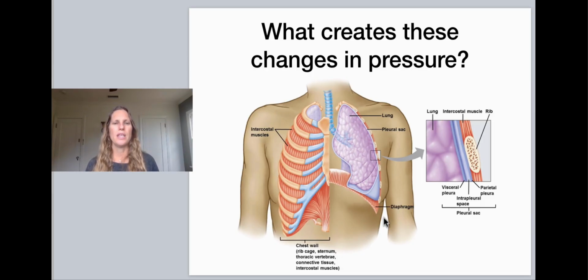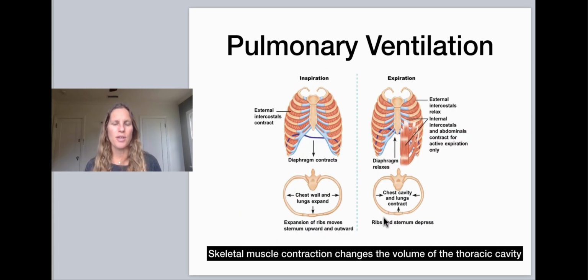And so when that happens, it causes the whole chest cavity to change shape as well. And that's what drives, essentially, without getting into all the numbers, the movement of air from the atmosphere into the lungs and ultimately out again, inspiration, expiration.